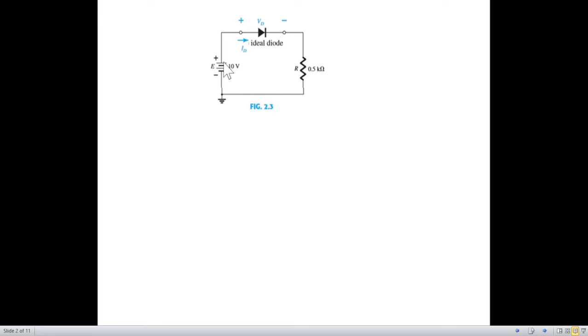Like in this case, the positive terminal of the battery is directly connected to the positive of the diode, and the negative terminal of the diode is connected to the ground or the negative terminal of the battery. So straight away we can say that the diode is forward bias.